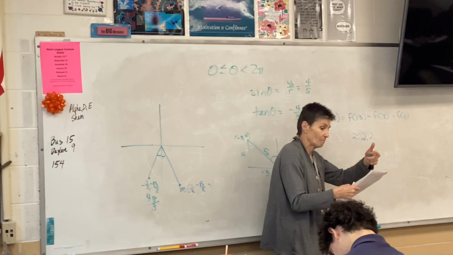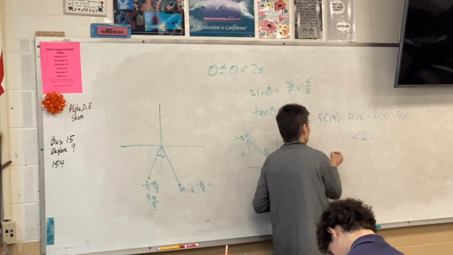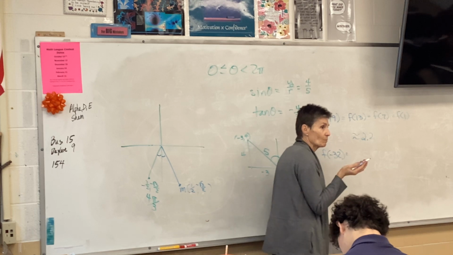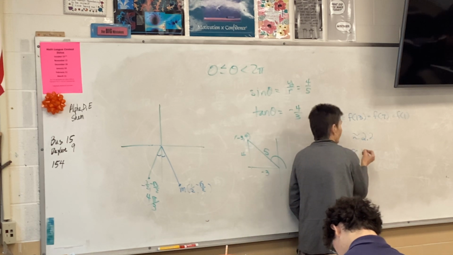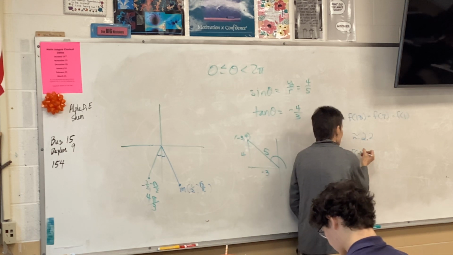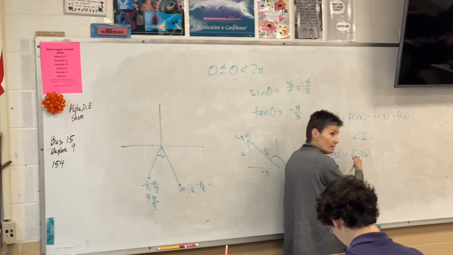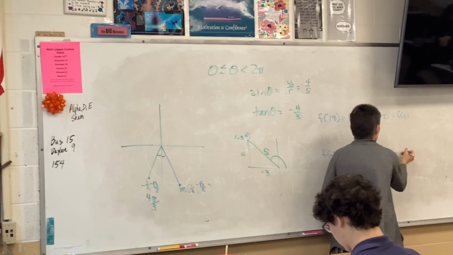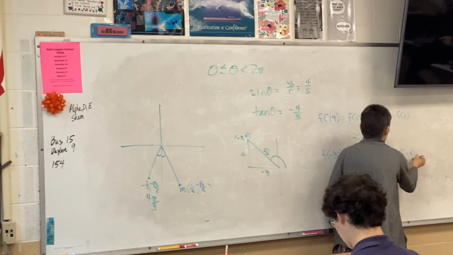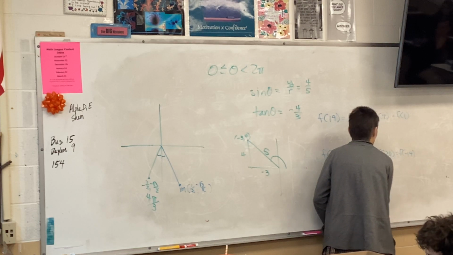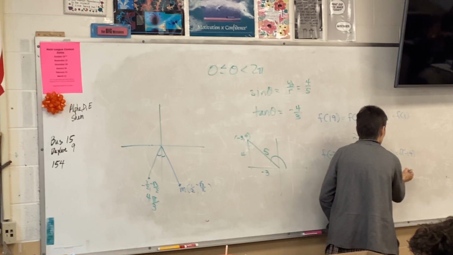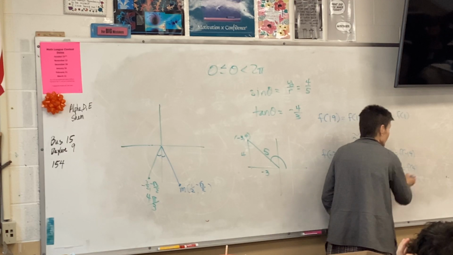Does that make sense? Okay, so what about -32? Well, remember, every 6 it repeats. So you don't need to write all this out, but that means it's the same as -26, -20, -14, -8, -2, and 4.